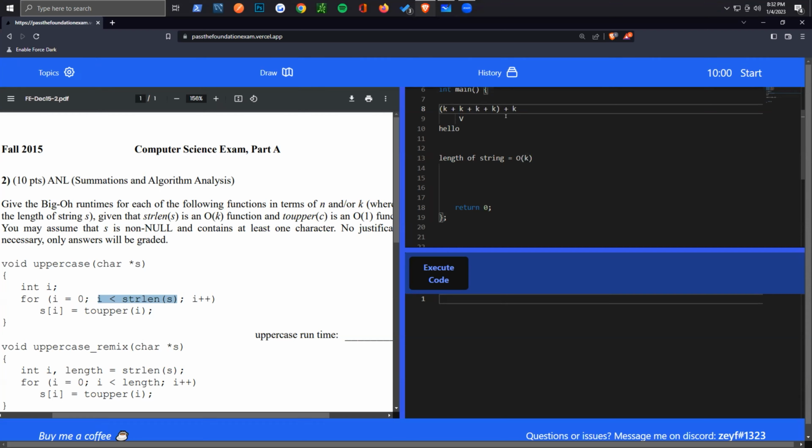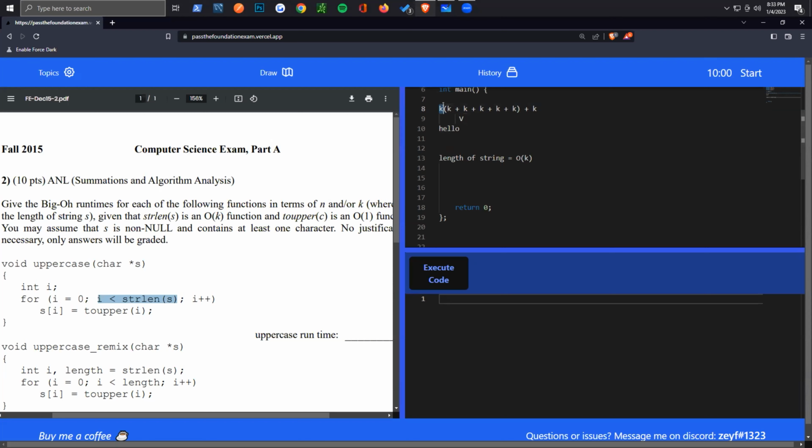So based on, I wrote this wrong. Yeah, there we go. So we have 5 Ks and we have an extra one that's always going to be there. So we can just think of this as, okay, we're going to do a k operation for every single index of the string. And overall, the string has k letters.